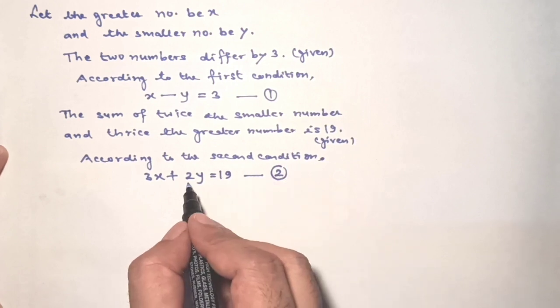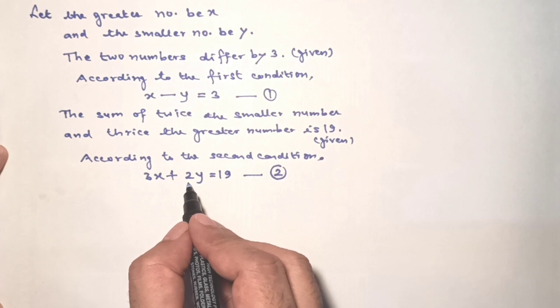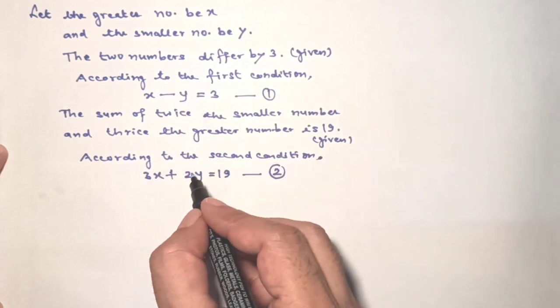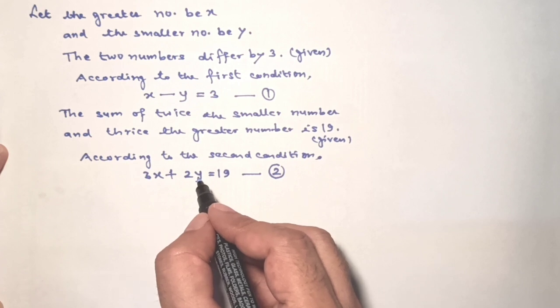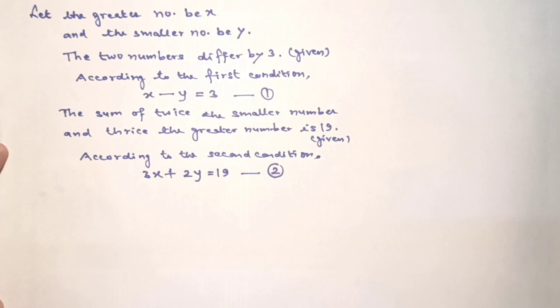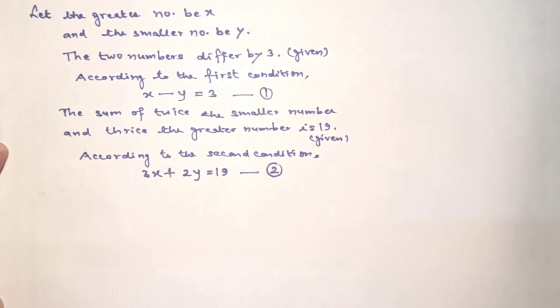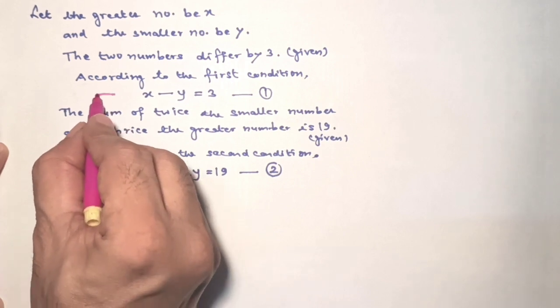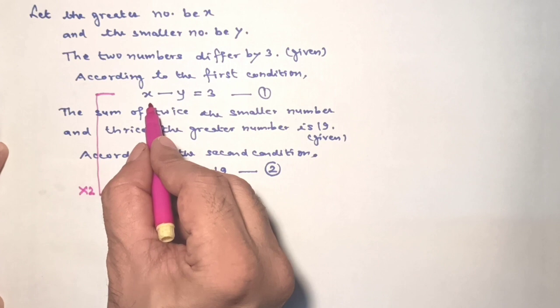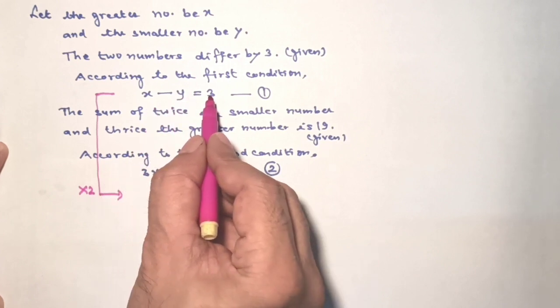Now if you look at the coefficients of y, here it is single y, 1y, and here 2y. So you can multiply the first equation by 2. When you multiply the first equation by 2, you will get 2x minus 2y is equal to 6.